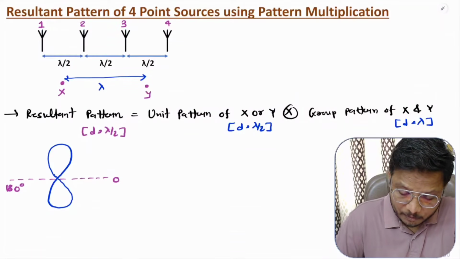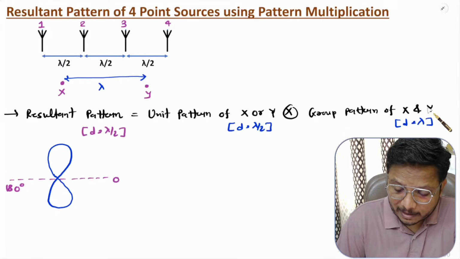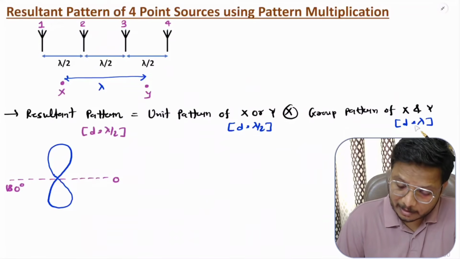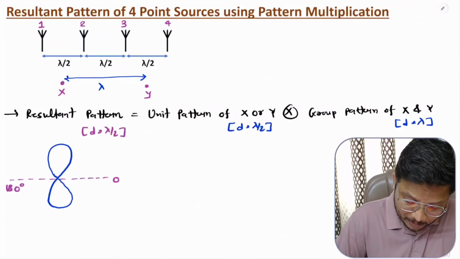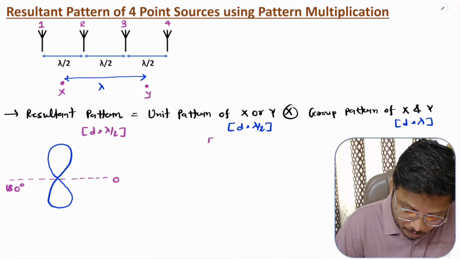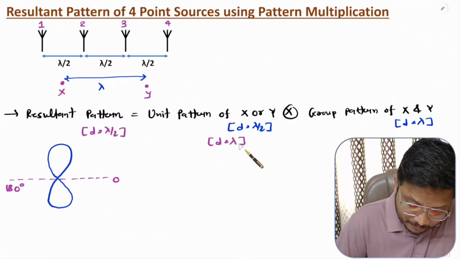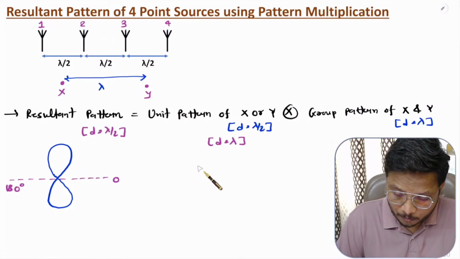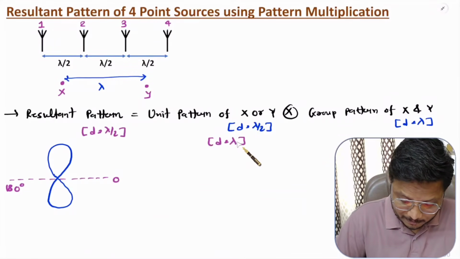Now if you want to have the group pattern of X and Y, then spacing is lambda. So with spacing D equal to lambda, first of all you need to draw the location of minima.